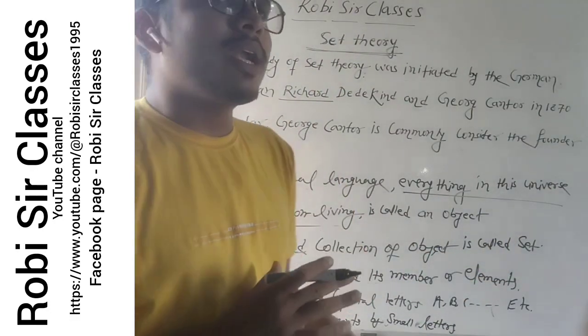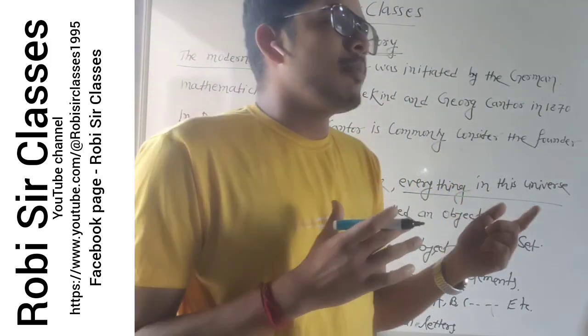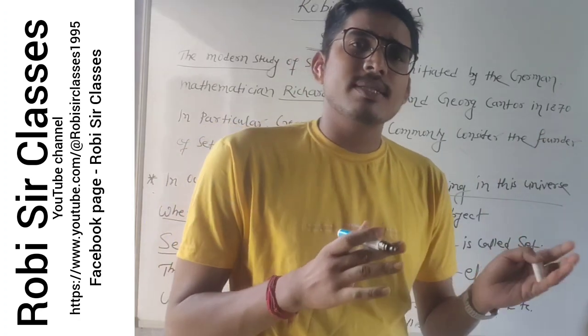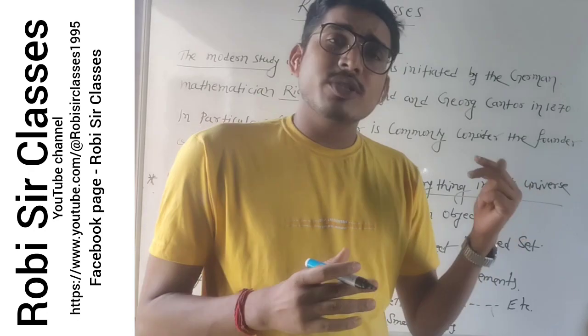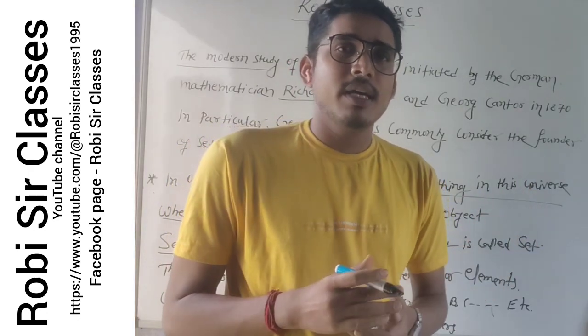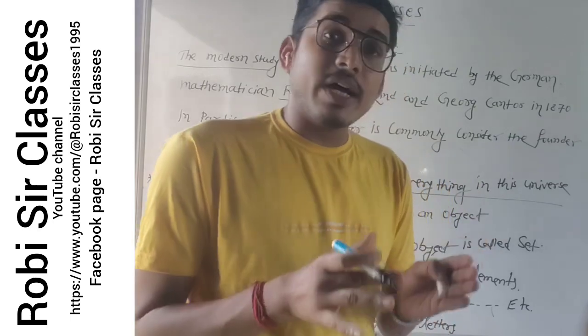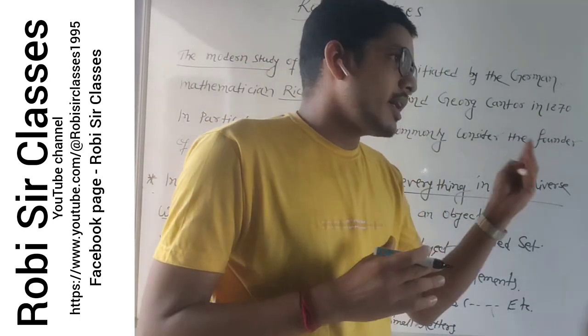It must be well-defined. Suppose the prime numbers less than 10. We know that prime numbers start from 2. Then 2, 3, 5, 7. These are the prime numbers less than 10. Then we can write this collection of objects inside the set.